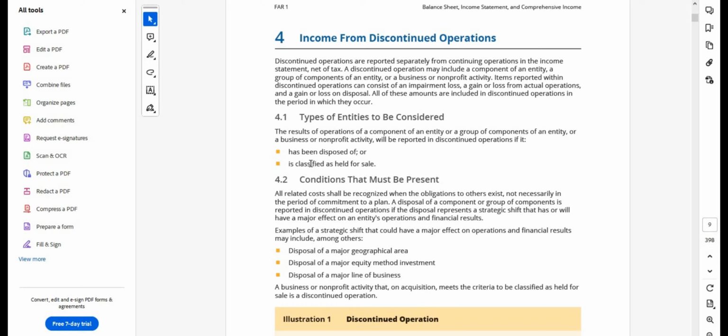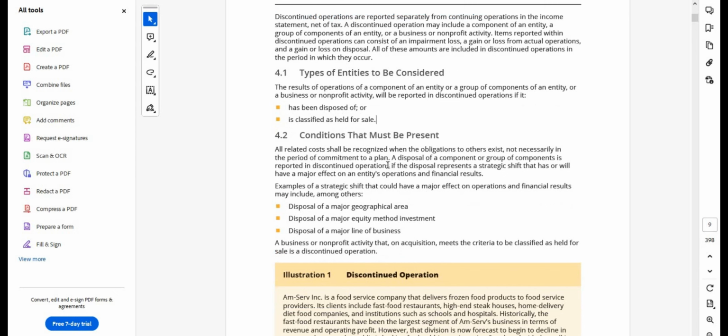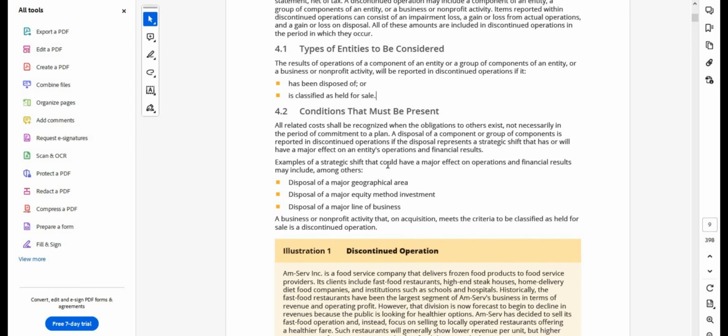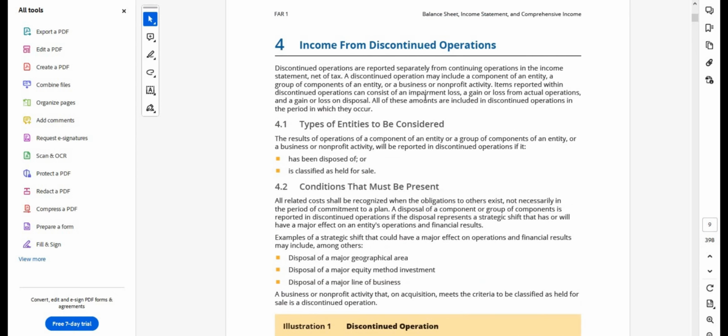When the management classifies it as held for sale, then also we will show it as discontinuing operations. Planned for sale, held for sale, all will be categorized as discontinuing operations.